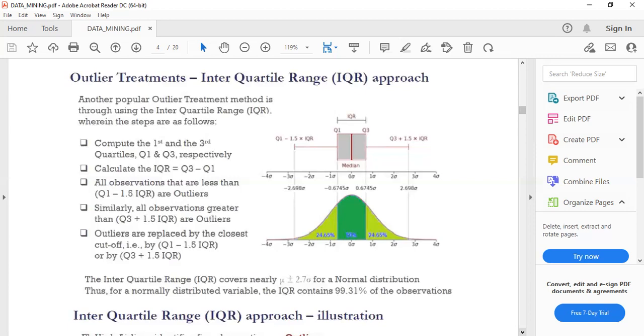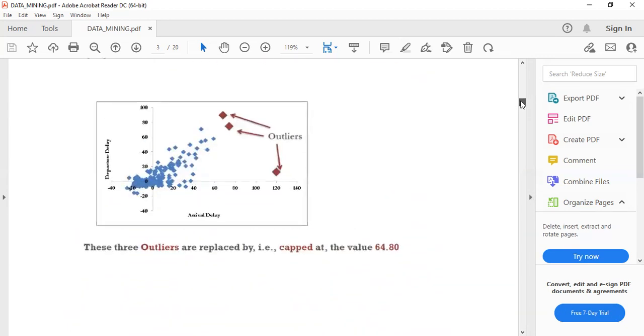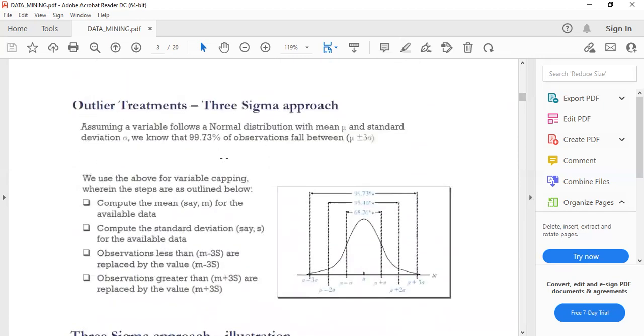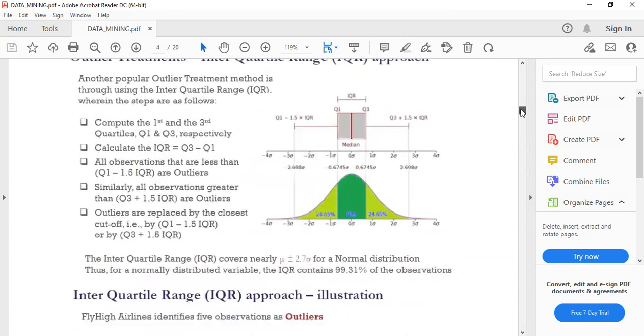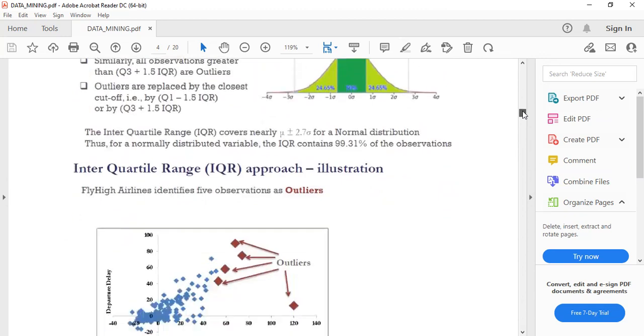So the interquartile range covers nearly mu plus or minus 2.7 sigma for a normal distribution. Thus, for a normally distributed variable, the IQR contains 99.31% of the observations. Here 99.73% of observations are covered when you are using the 3 sigma approach, and here 99.31% of observations are covered when you are using the IQR approach. Keep this in your mind.